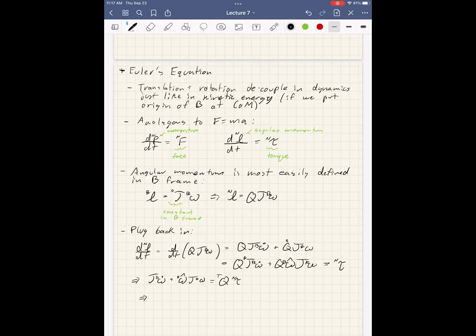So this whole thing is now just torque in the body frame, right? So now everything's in the body frame, which is kind of nice. And this thing, I'll write it as a cross product because I can, no big deal, equals torque in the body frame. Okay, so this is it. This is the famous Euler equation for rigid body dynamics.